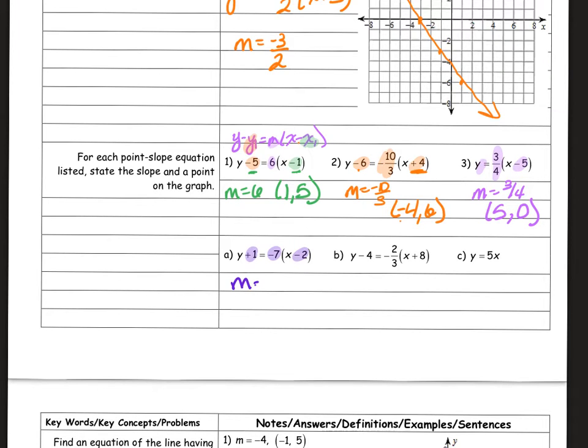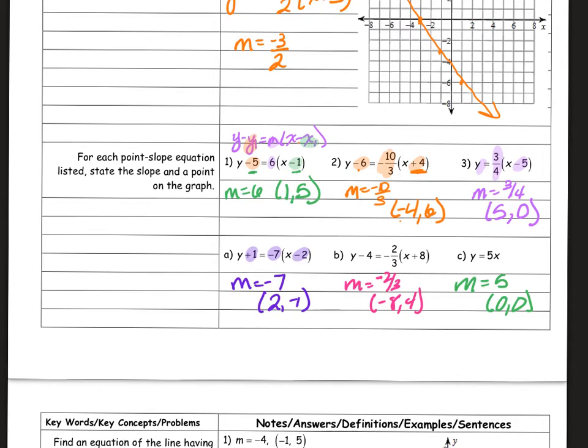And my slope is -7, and my point is 2, -1. Okay, so my slope is -2/3, and my point is -8, 4. And my slope is 5, and my point is 0, 0.